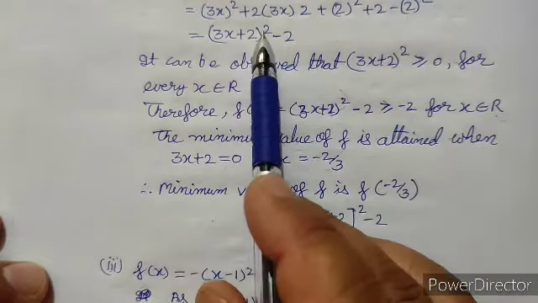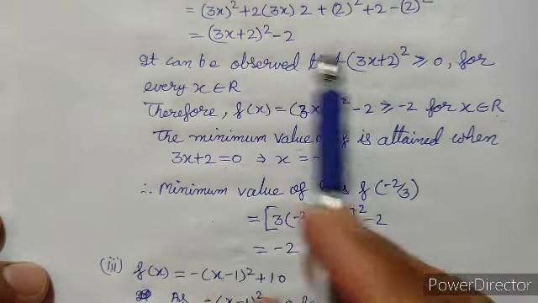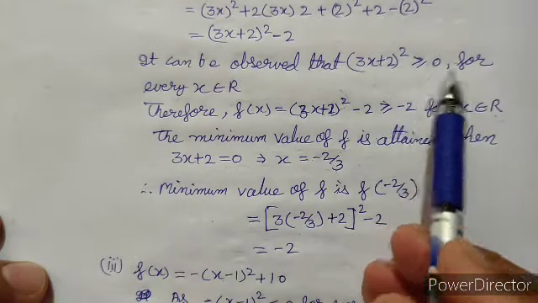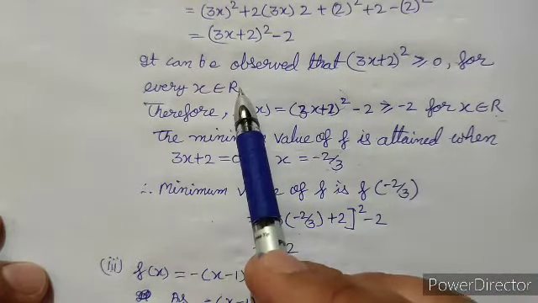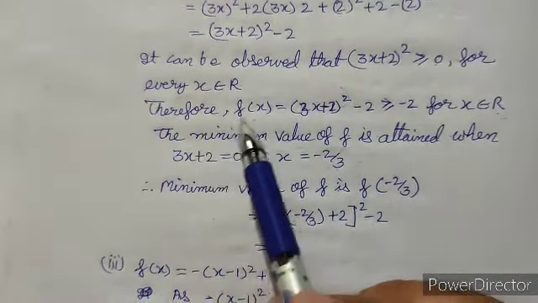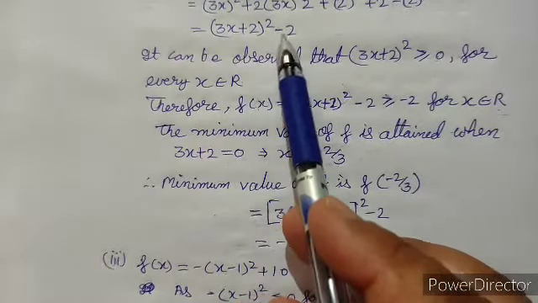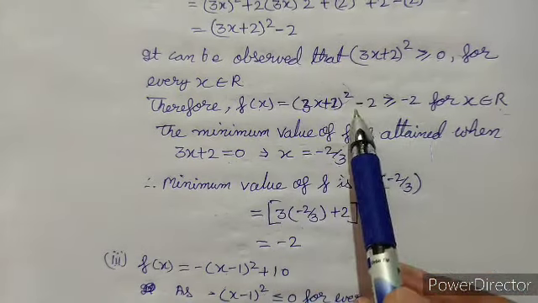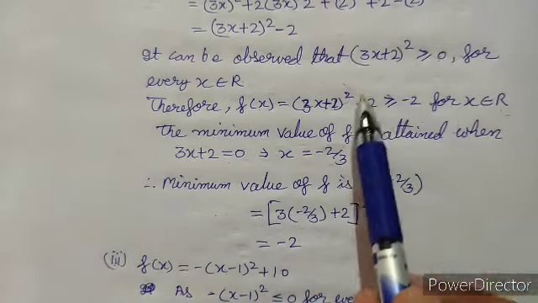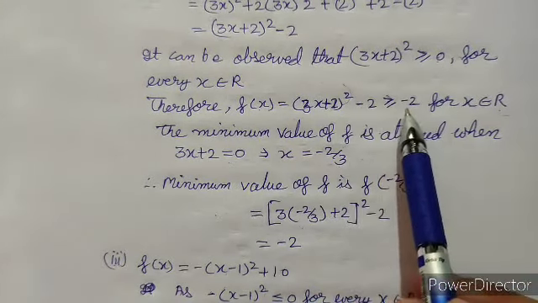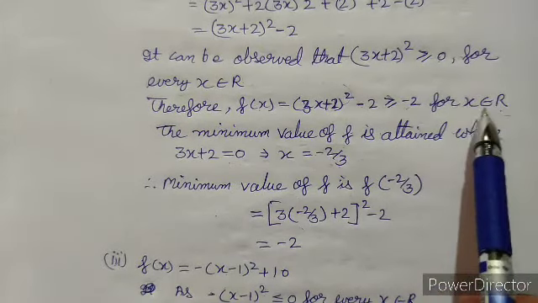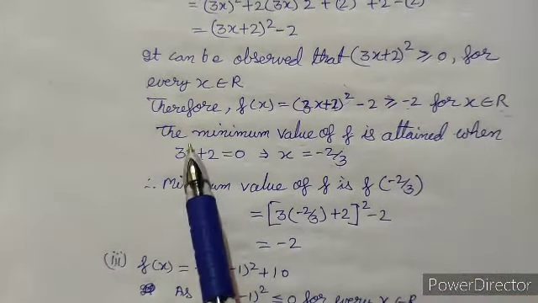The square of any number is always greater than or equal to 0 for every x belonging to the real numbers. Therefore, fx equal to 3x plus 2 whole square minus 2, on subtracting 2 from both sides, will be greater than or equal to minus 2 for x belonging to the real numbers.